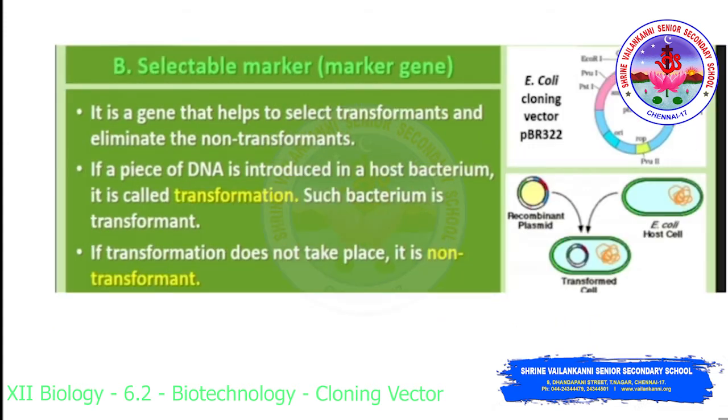Next we move on to the selectable marker, or marker gene. It is a gene that helps to select transformants and eliminate non-transformants. If a piece of DNA is introduced into a host bacterium, it is called transformation, and such a bacterium is called a transformant.